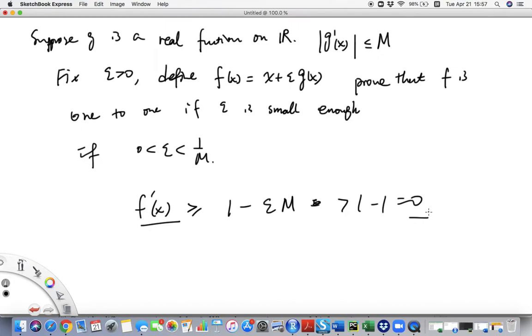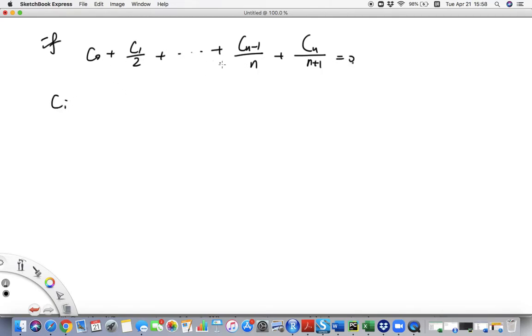Okay, so next, say C0 plus C1 over 2 plus all the way to Cn minus 1 over n plus Cn over n plus 1 is equal to 0, where all the Ci's, so C0, C1, all the way up to Cn, are all real numbers.